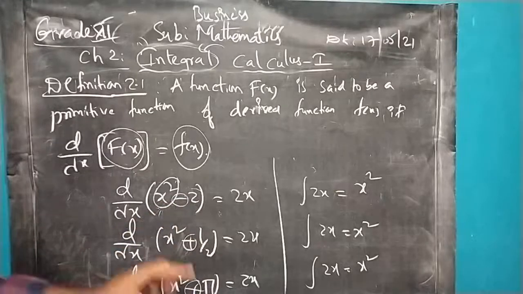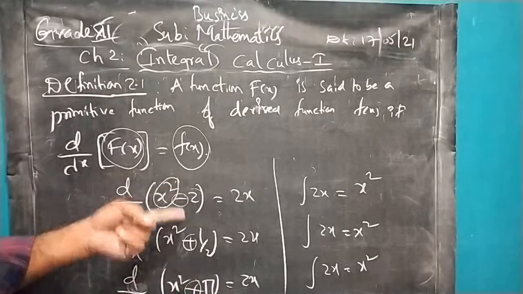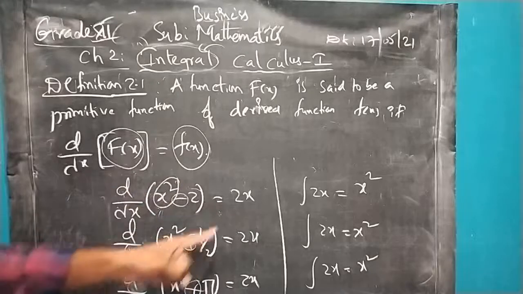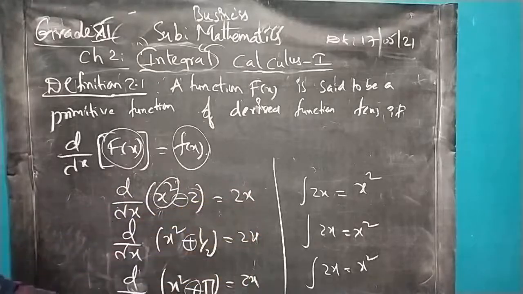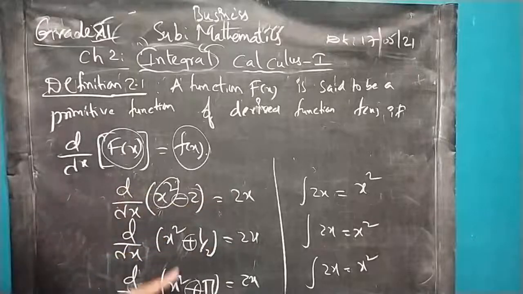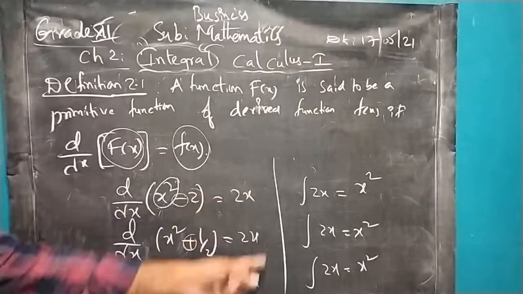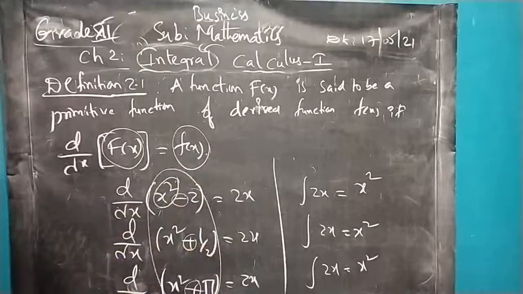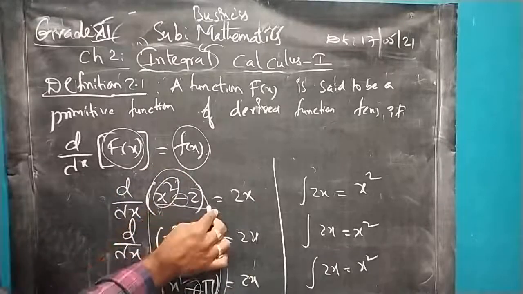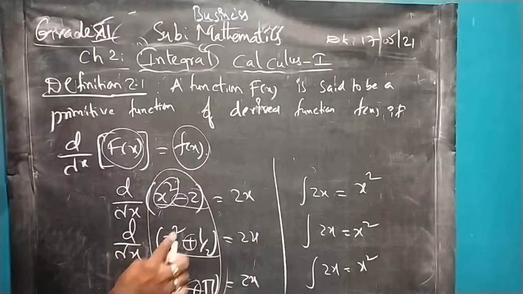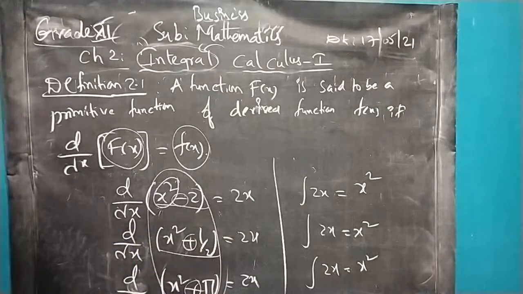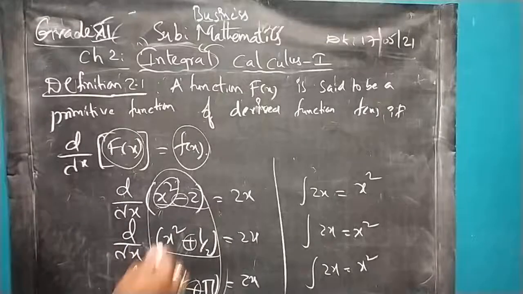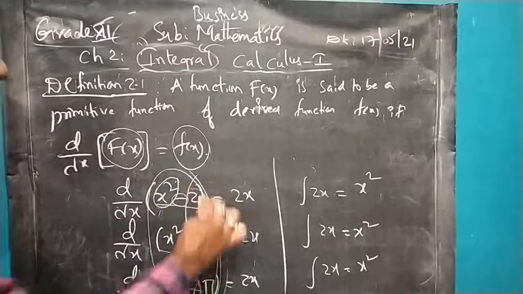Even with addition or subtraction, the derived function stays constant, I am not changing it here. What is changing? The primitive functions. Once it is x square minus 2, another time x square plus 1 by 2, another time x square plus pi. So what are 2, 1 by 2 and pi? They are constants.